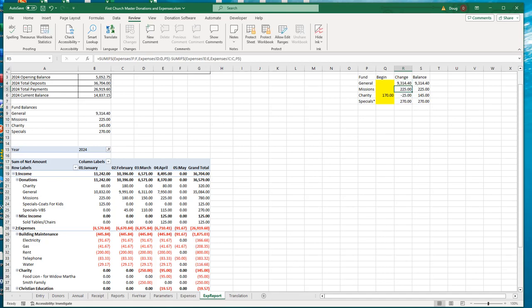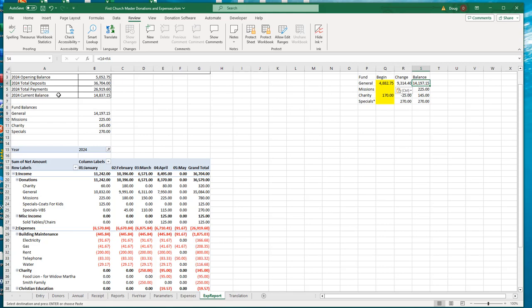All right, so if we know that we have $4,882.75 as our beginning balance for the general fund, then we can now calculate that our change was fortunately a positive 9,000, and our remaining balance is $14,197.15, and that is our general fund.